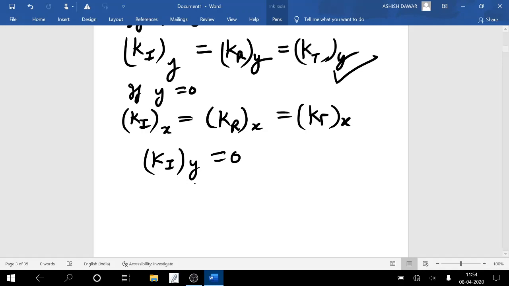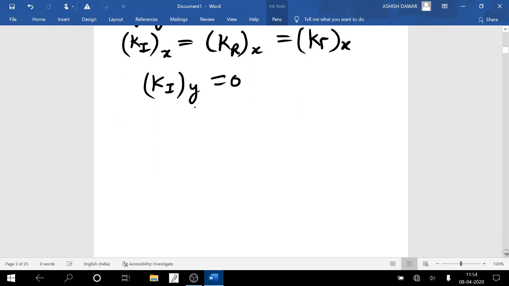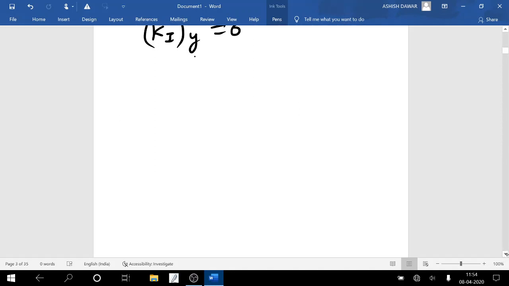So what are the conclusions from here? First law: the incident, reflected and transmitted wave vectors form a plane called the plane of incidence, which also includes the normal to the surface, that is the z-axis.